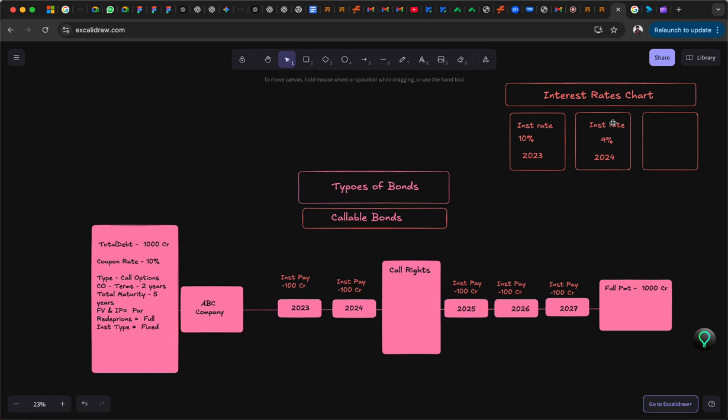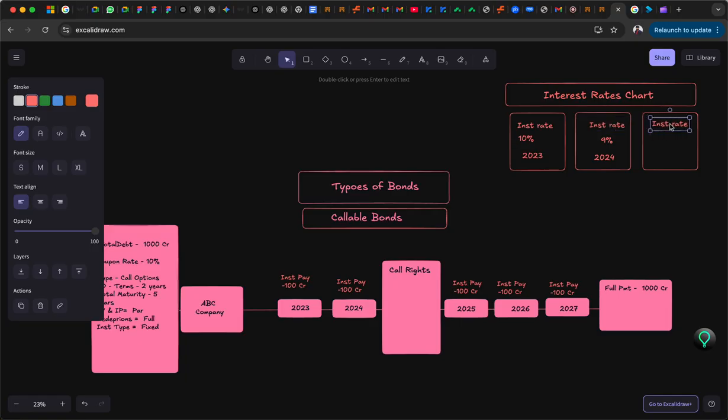And again, at the end of the year 2024, due to market or RBI policies or inflation and everything, considering all of this, RBI reduced the rate from 9 to 7%. And let's say the current market interest rate is at 7%, right?